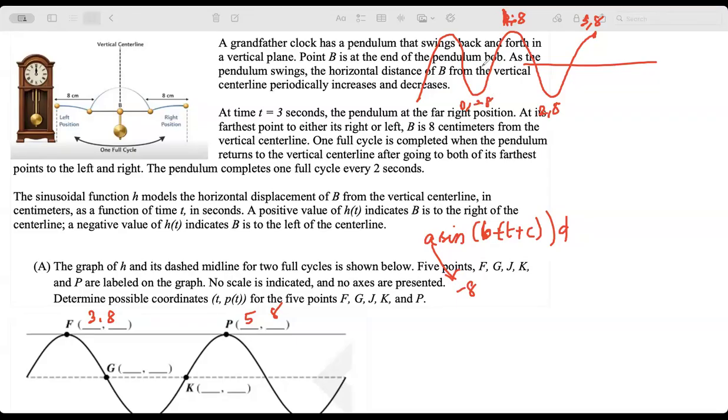Okay, now if you put the amplitude as minus 8, minus 8 sine b, what did we find out? Pi, right? If you put it as pi t plus c plus d, what is the d value? The d value is the midline value, it is 0, but the phase shift we need to see.